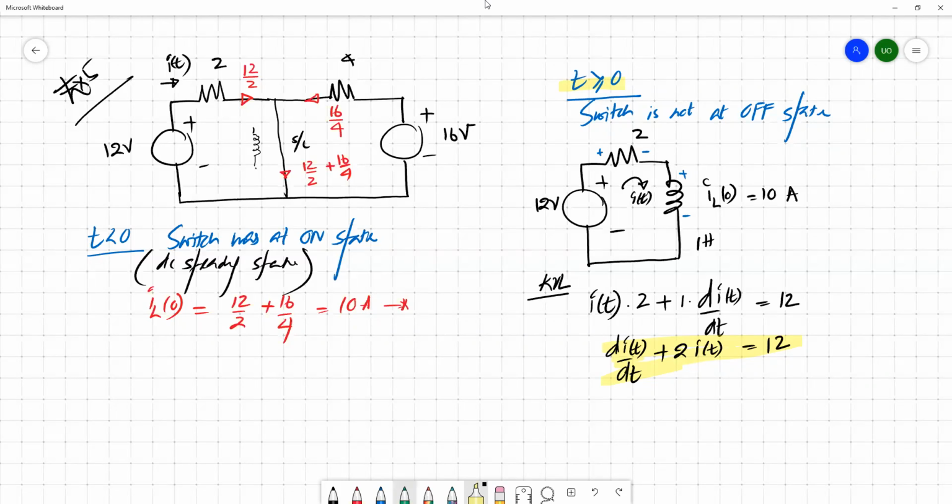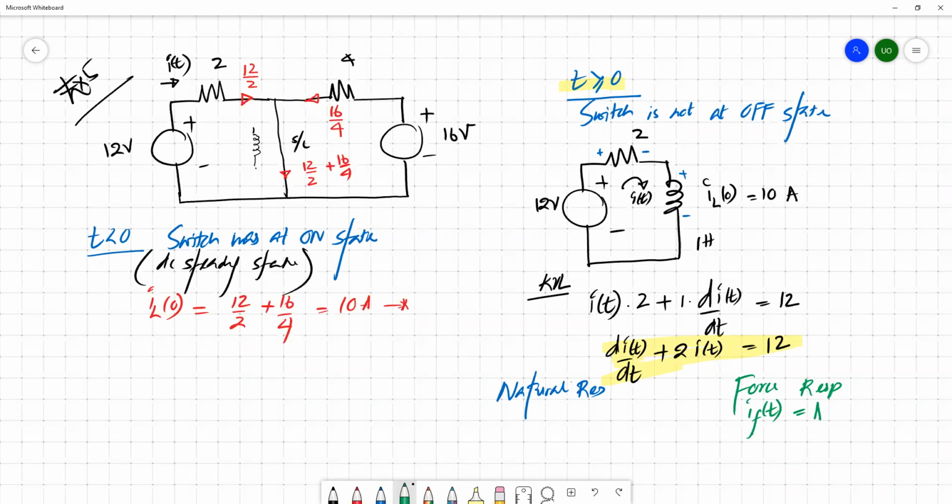Then we can find the two responses, natural response and forced response. For the forced response, this is a current, so you can use i_F(t), the current forced response.